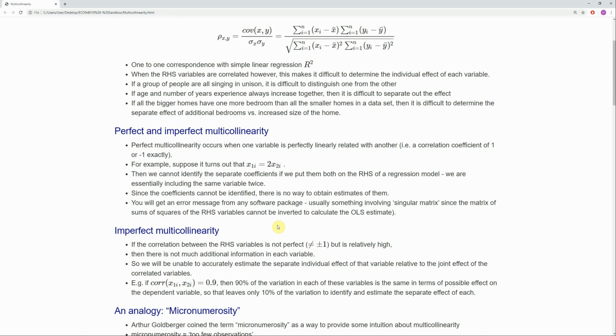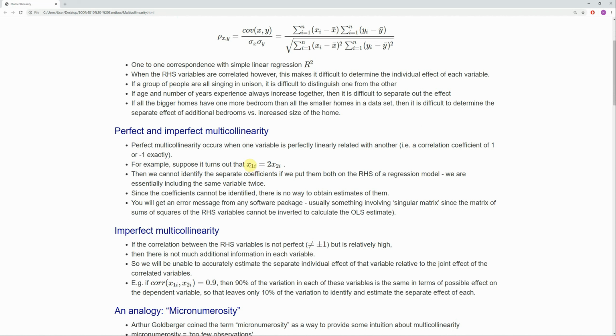Perfect multicollinearity is something that we probably won't see in practice unless we have some mistake in our data handling. We will review an example of that today too. Perfect multicollinearity is when the variation in one variable is exactly explained by the other one. So if one variable is a multiple of the other one, that's perfect multicollinearity.